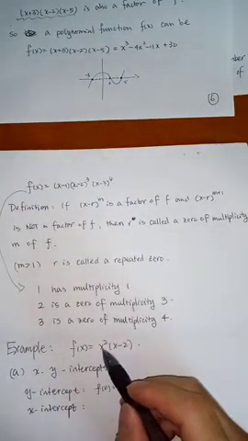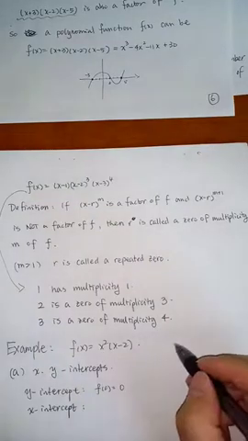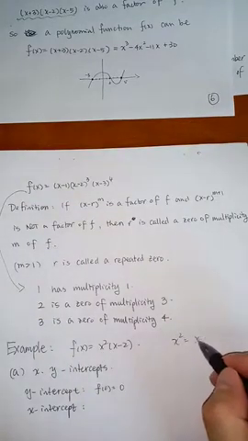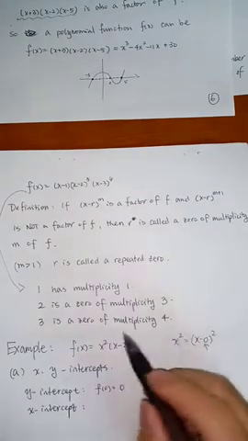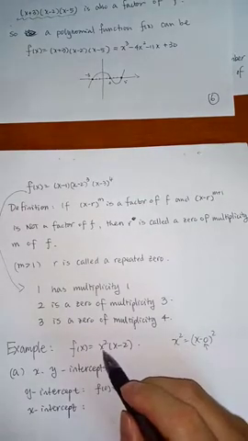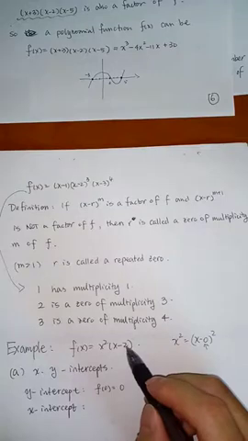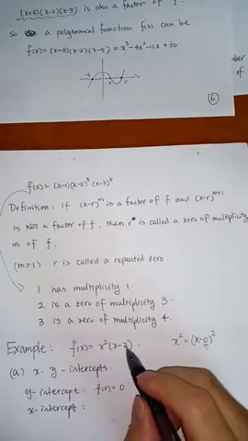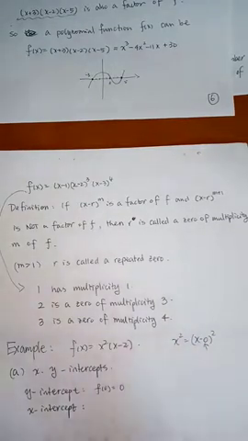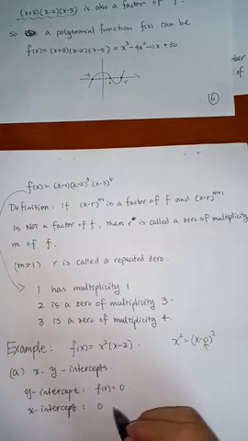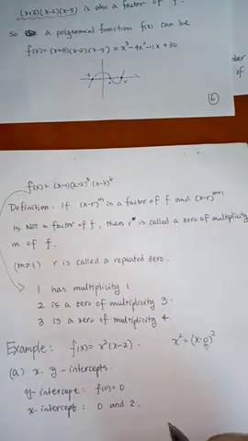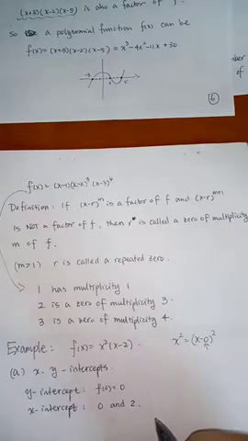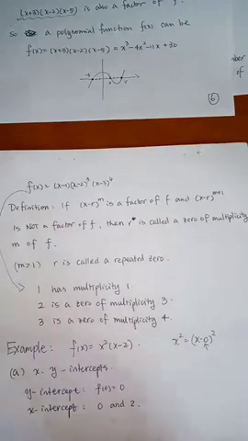Here you have x squared, which is x minus 0 squared, so the corresponding zero is 0, with multiplicity 2. Here you have the zero 2. So the x-intercepts are 0 and 2.